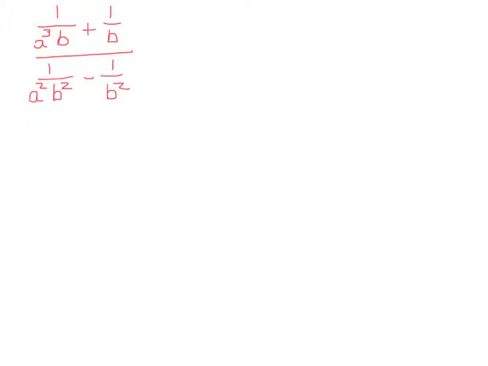We want to take the smallest thing that they all go into, and when you're doing that, you're looking for the biggest exponents of each of the variables. So in this case, we'd want to multiply both top and bottom by a cubed b squared.